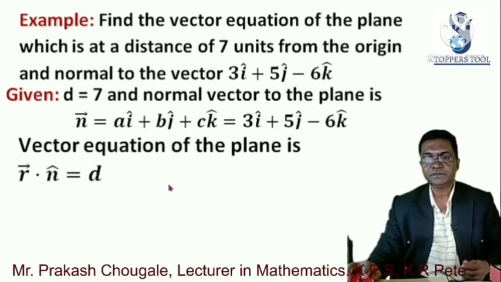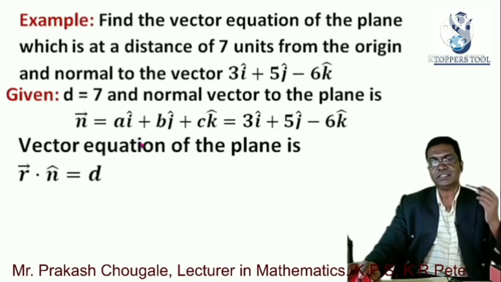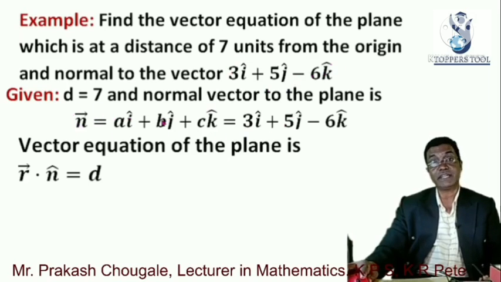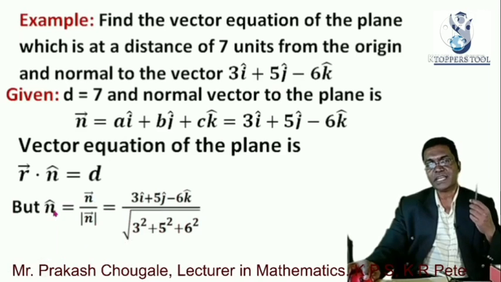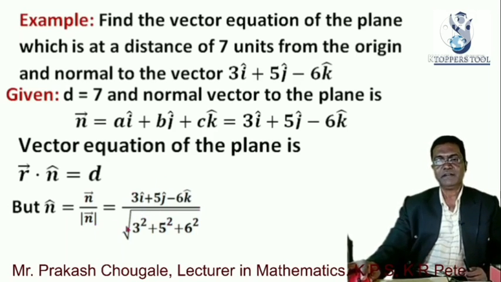First you have to find the unit vector in the direction of the normal. As we know, the vector equation of the plane is given by vector r dot n cap equal to d, and we don't have n cap, we have vector n because its magnitude is not 1. So you have to find n cap, and we know how to find a unit vector in the direction of the normal: vector n divided by its magnitude. So this is your given vector n divided by its magnitude.